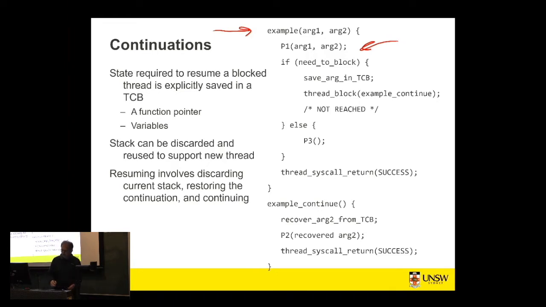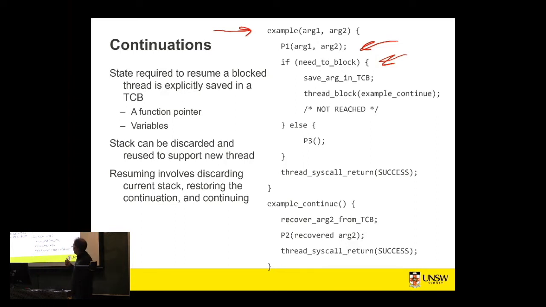Then we test to see if we're going to block again. If we block, all the state that's encoded on the stack is going to be lost, because we're going to switch to a different activity that's going to reuse the same stack.